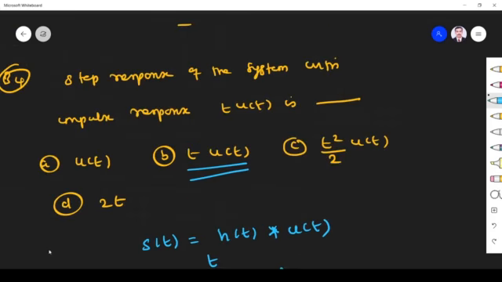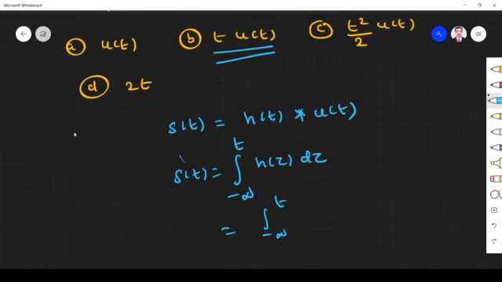Here h of t is t into u of t. So I put tau into u of tau d tau.